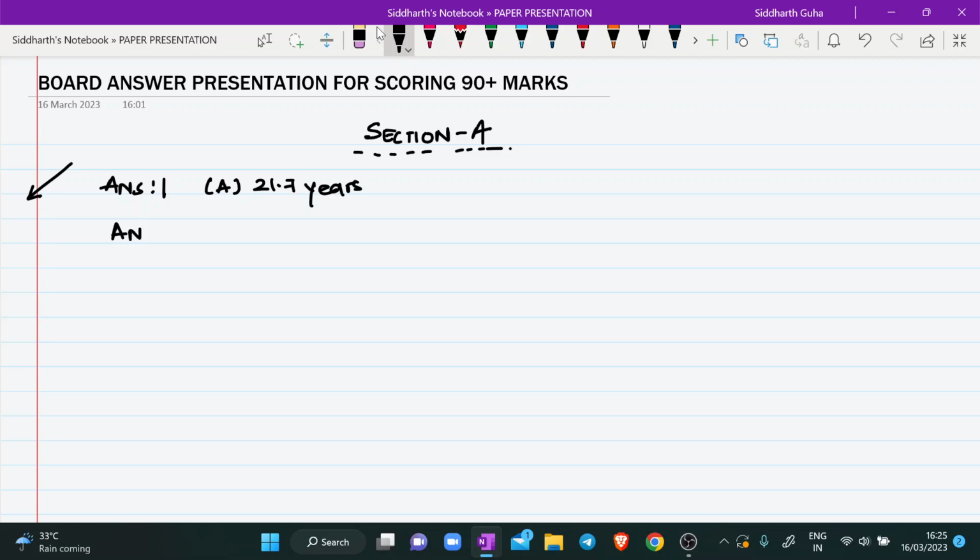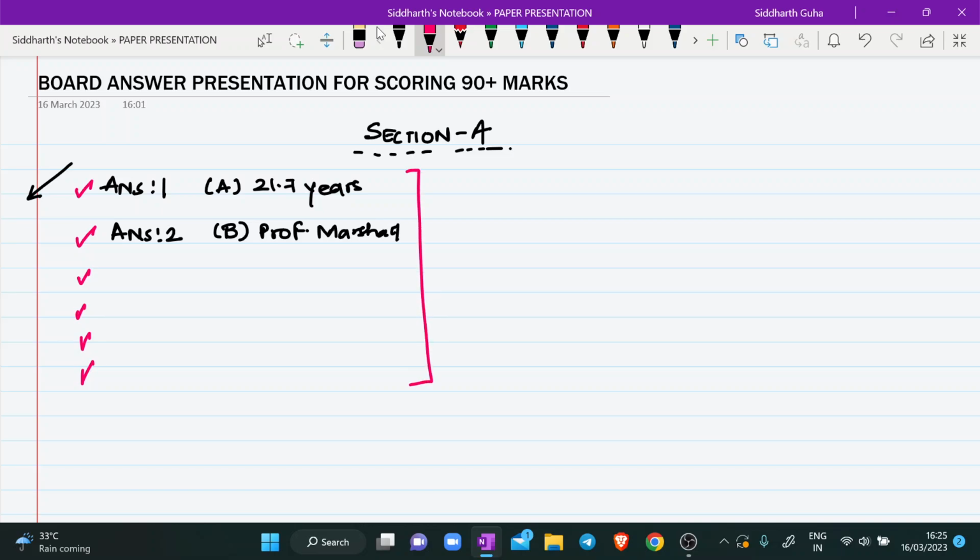Answer number two: let's say your answer is B, Professor Marshall's. So write that down. In all the theory papers, ensure that you don't use the left side margin given in your answer sheet. Most importantly, write in a very chronological order, so 1 to 10, you should plot it very appropriately. The section should be mentioned appropriately.